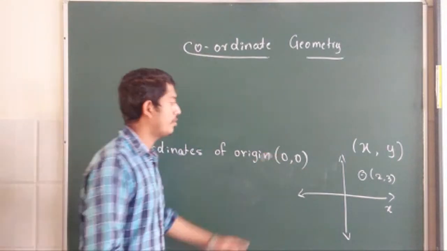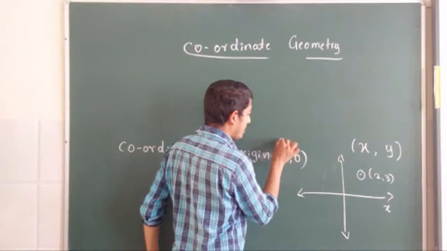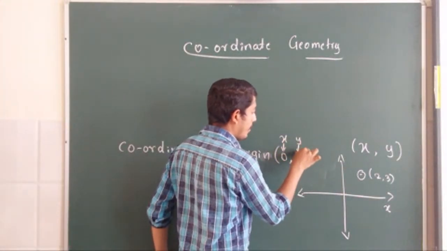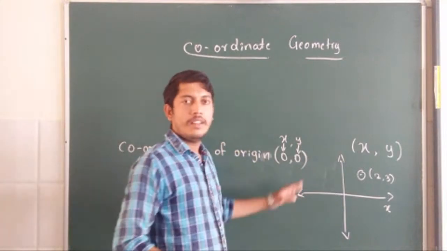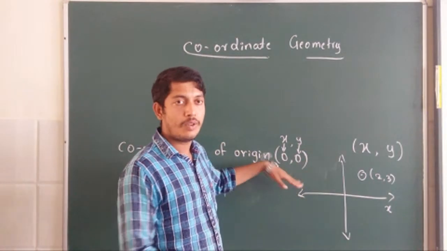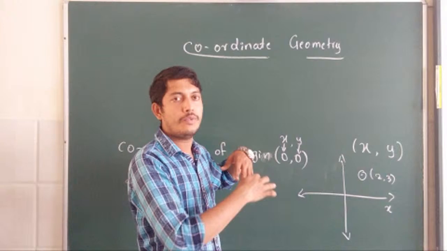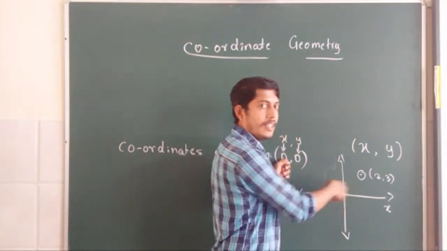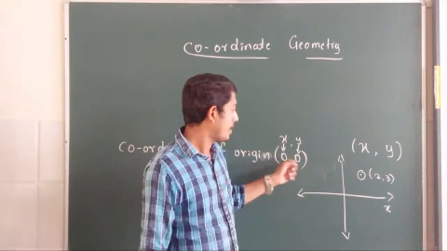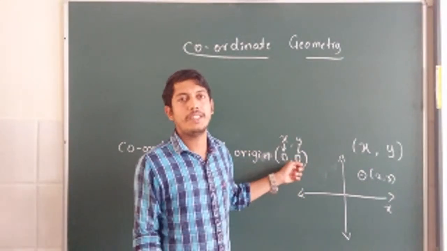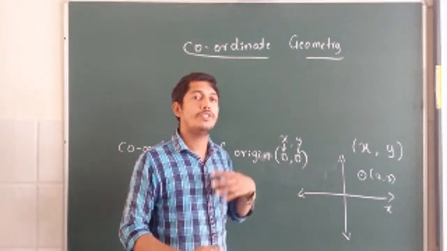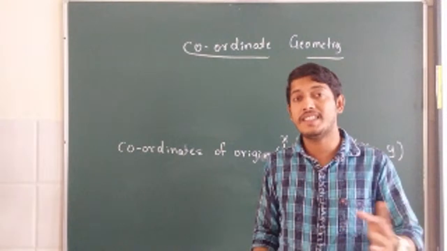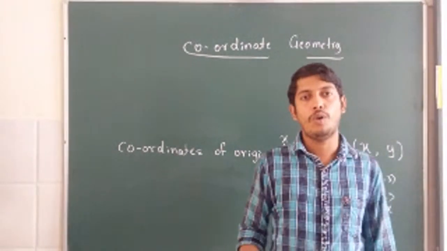This first 0 represents the x value and the second 0 represents the y value. Here x is 0, which means the point is not on the x-axis side. y is 0, so it is not on the y-axis side. A point which is neither away from the x-axis nor from the y-axis, that point we call the origin.